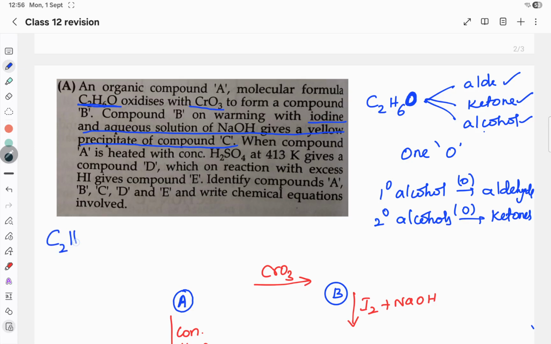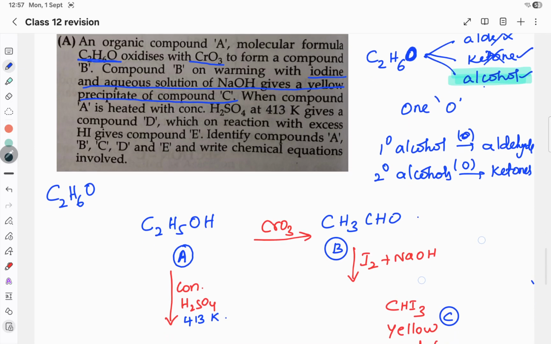Since it is given as C2H6O, the alcohol can be C2H5OH. This is the first clue, the functional group given here. Compound A is an alcohol, not an aldehyde, not a ketone also. Only an alcohol can be oxidized to form aldehydes and ketones. So what will be the product here?